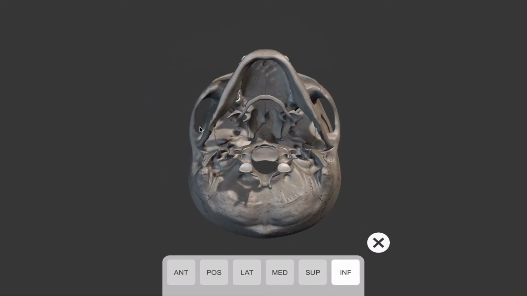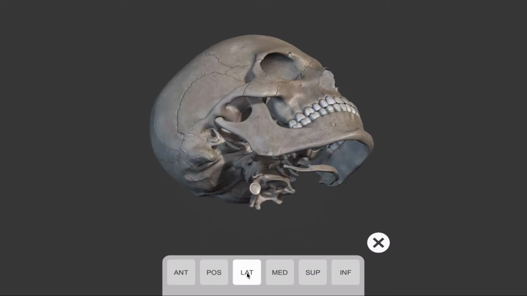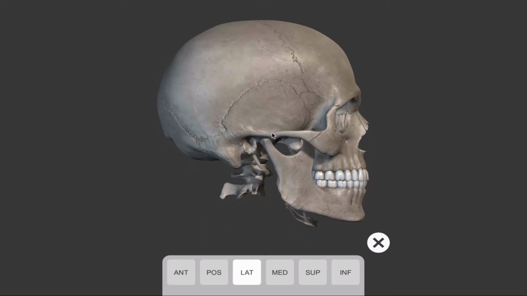There we go. You see that this zygomatic process makes sort of a bridge, and there is space underneath here for a muscle to travel through. So the zygomatic process is part of the temporal bone. Muscles will attach to it on the outside, and muscles will run under it as well.